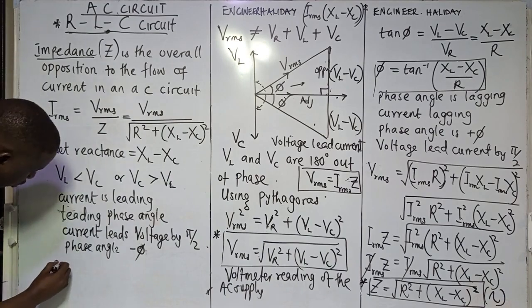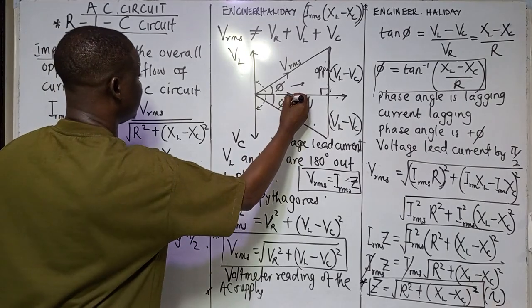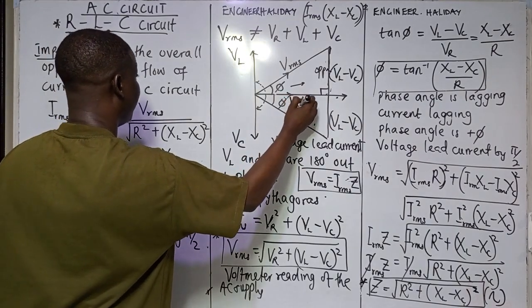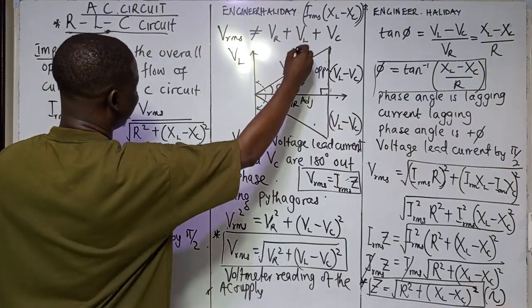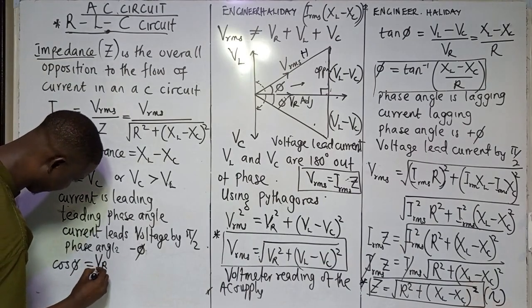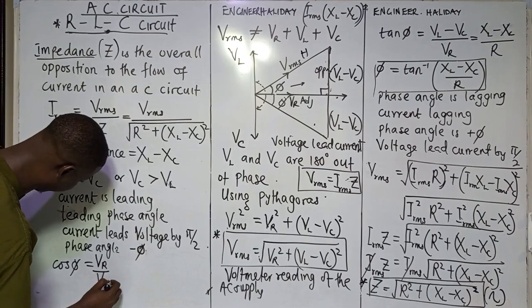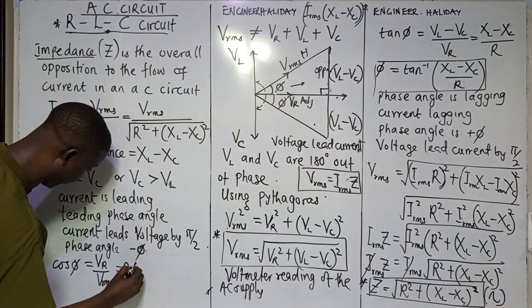Cos phi is the power factor, which is adjacent over hypotenuse, which is VR over VRMS. That is what we call PF, the power factor.